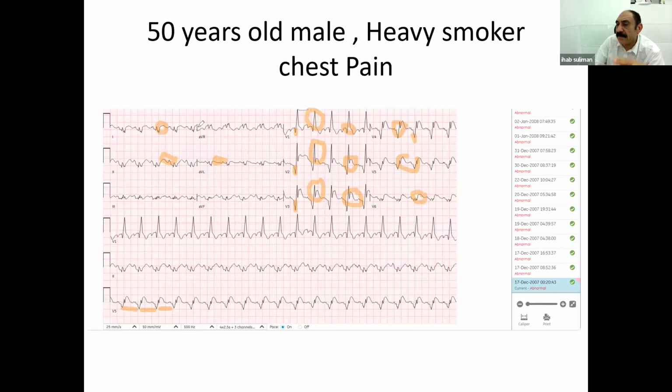Then the patient will be given aspirin, clopidogrel 8 tablets, heparin 4,000, and then he will be pushed to the cath lab.